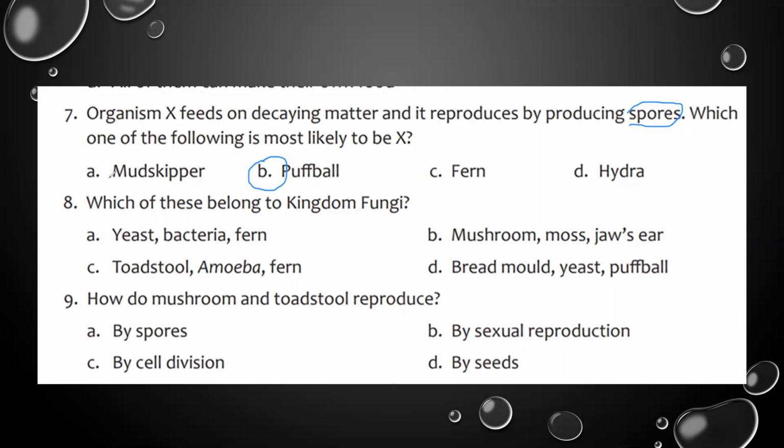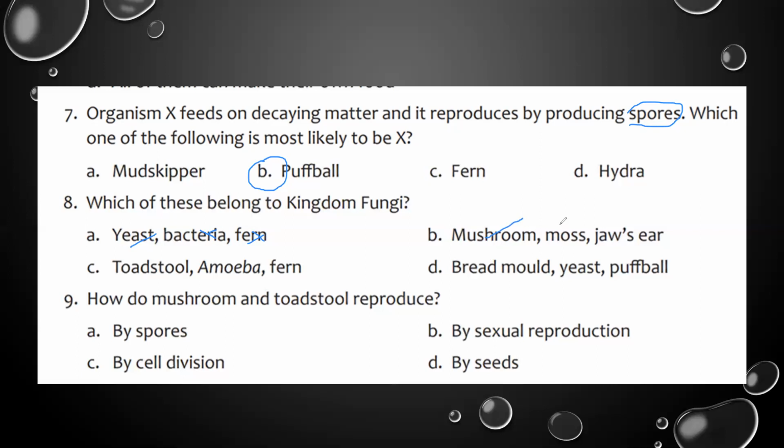Okay, number 8. Which of these belong to kingdom fungi? Which of our choices belong to kingdom fungi? A, yeast, bacteria, fern. Yeast can be, bacteria no, fern no. Letter B, mushroom is correct.